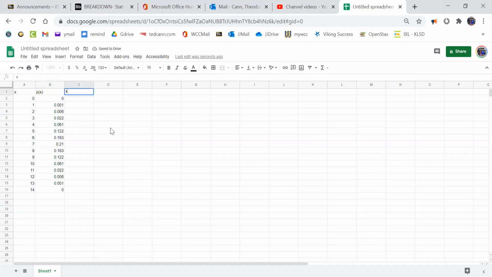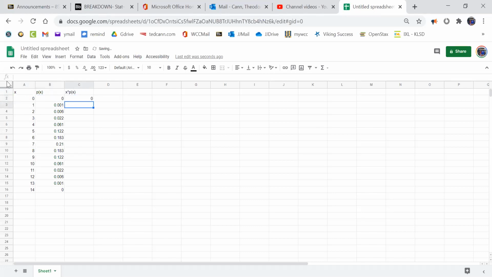So X multiplied by P of X. I'll just use a little star symbol to represent the multiplication, but X times P of X. That's really just taking the first entry in the first row and multiplying it by the first entry in the second row.